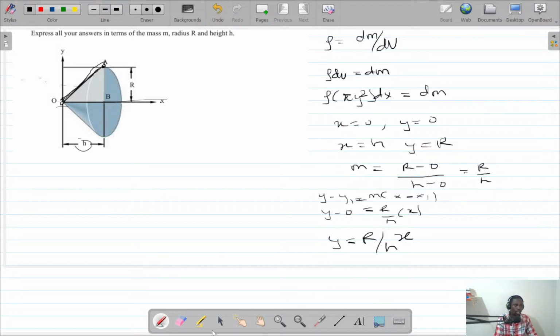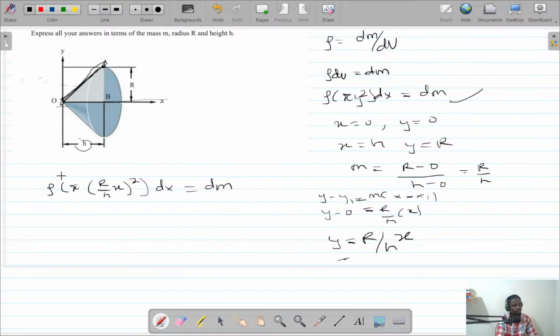Since we know this, we can come back to the equation and substitute y. So we have rho multiplying pi into bracket r on h x all squared dx is equal to dm.